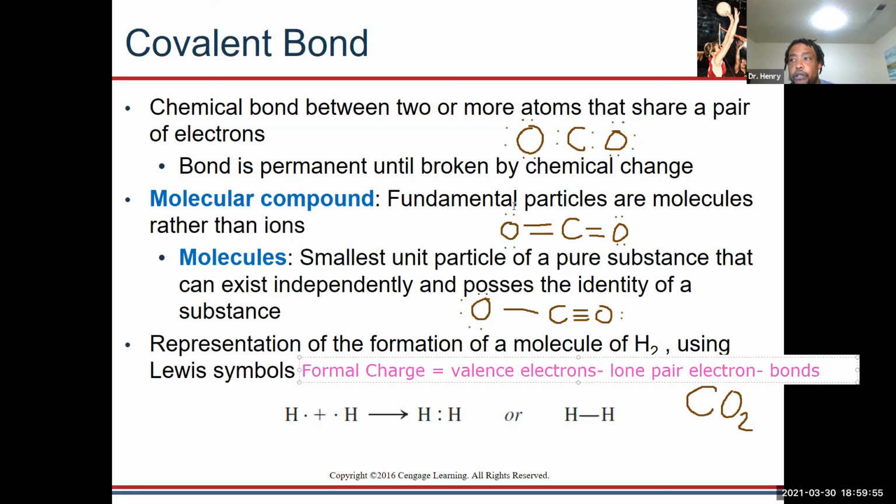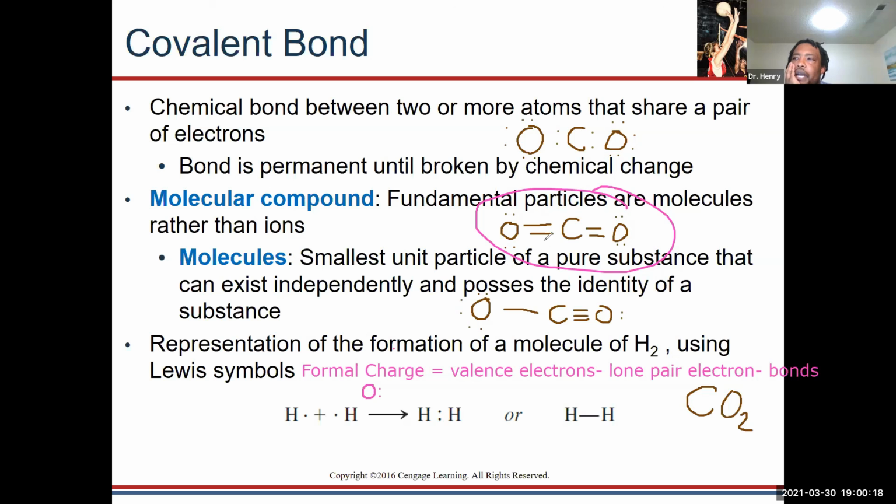So we'll start with the one up top here. I'll circle it in pink. We'll start with this first oxygen.